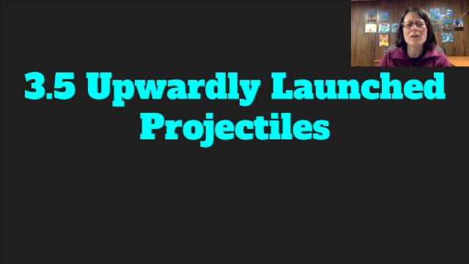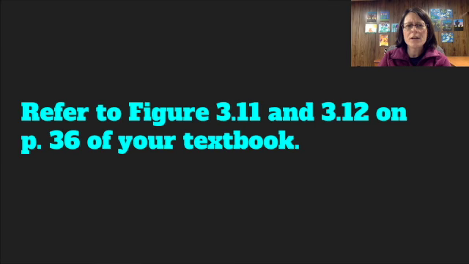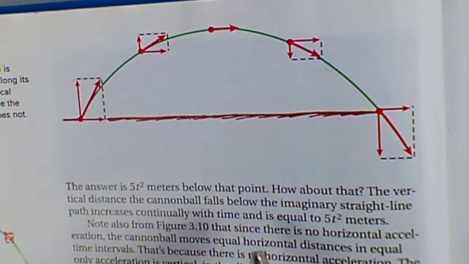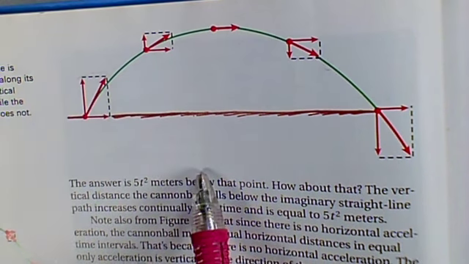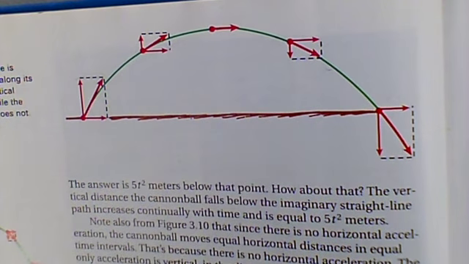So taking a look in section 3.5 at some upwardly launched projectiles, I want to refer to figure 3.11 and 3.12 on page 36 of your textbook for this part. So we're taking a look at figure 3.11 in your book, and there are some things that we want to notice in this picture.